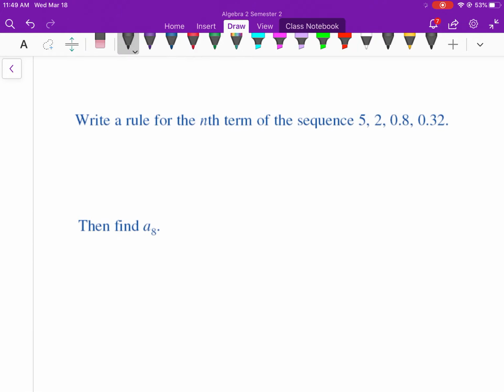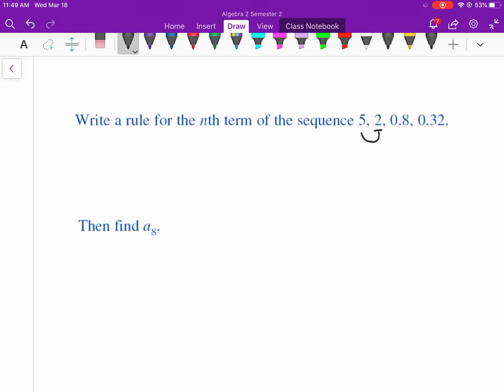So, write a rule for the nth term of the sequence. Now, it's a little bit harder. I'm trying to go from 5 to 2. I can't think of anything to multiply by. So, in cases like this, you can also tell that it's not arithmetic, so it's not subtract 3, that 0.8 throws it off right there. So, if you're not sure, let's check.